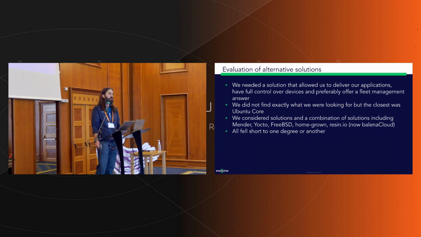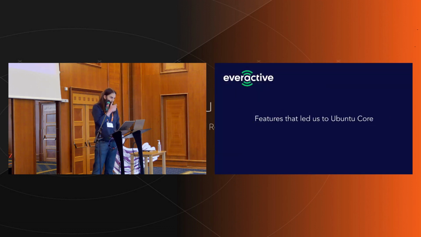So we talked about building the OS for our device based on FreeBSD. We considered resin.io, which I think is Balena Cloud now. So we tried to consider everything. And as I said, at the time we were only 3 people, so there were things that were immediately infeasible, like building it from scratch, but we wanted to make sure we at least considered all the options.